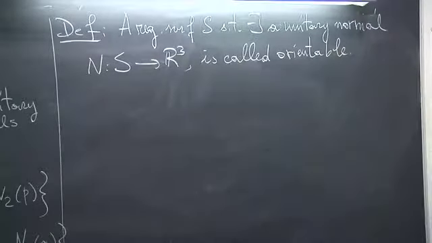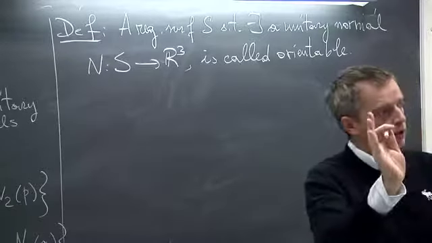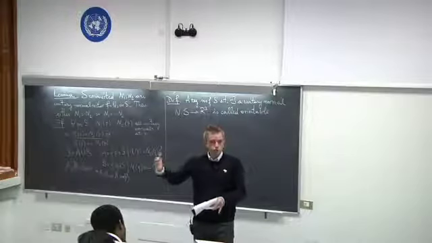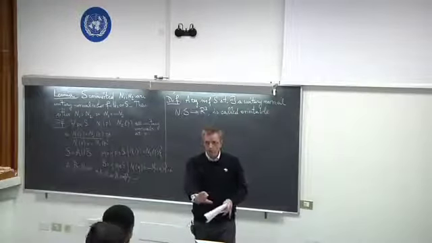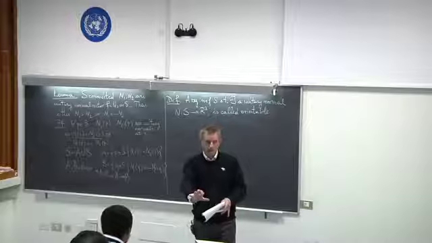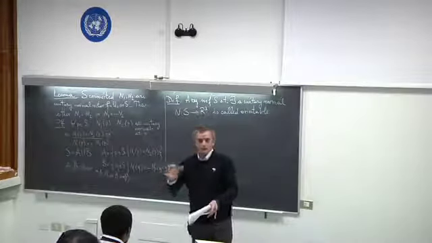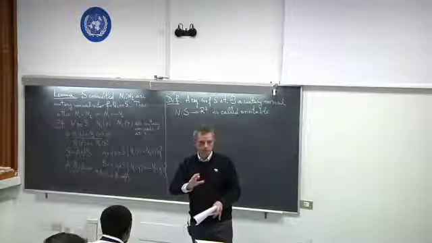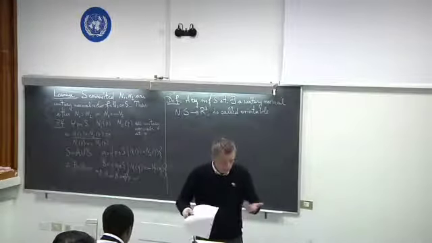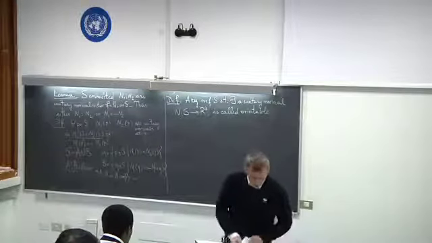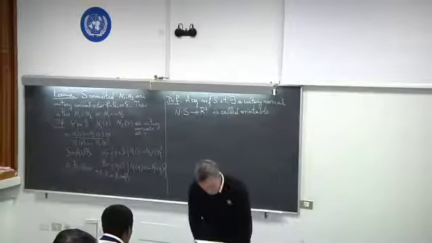Well, the name is right, because if you think of the choice of a unitary normal as the choice of a side from which to look at the surface, orientable surfaces have a side. I mean, you cannot explain names. If you like it, fine, or you give it another name. But it is a meaningful name.